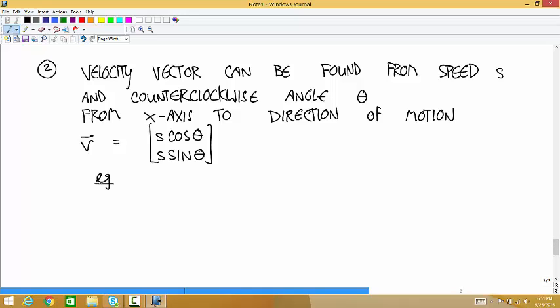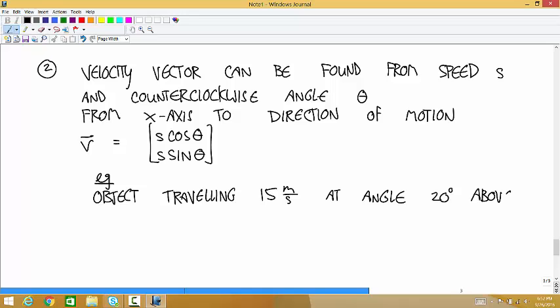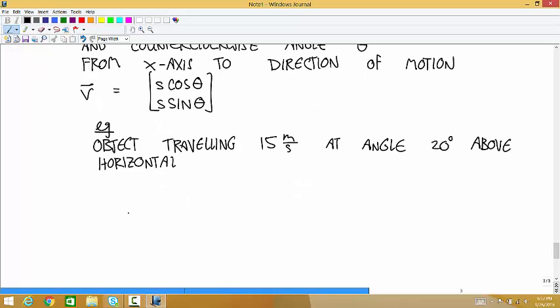Okay, so for example, this is the kind of thing, if an object is traveling 15 meters per second at an angle of 20 degrees above the horizontal, that means that its velocity vector looks like this. It has a magnitude of 15 meters per second.